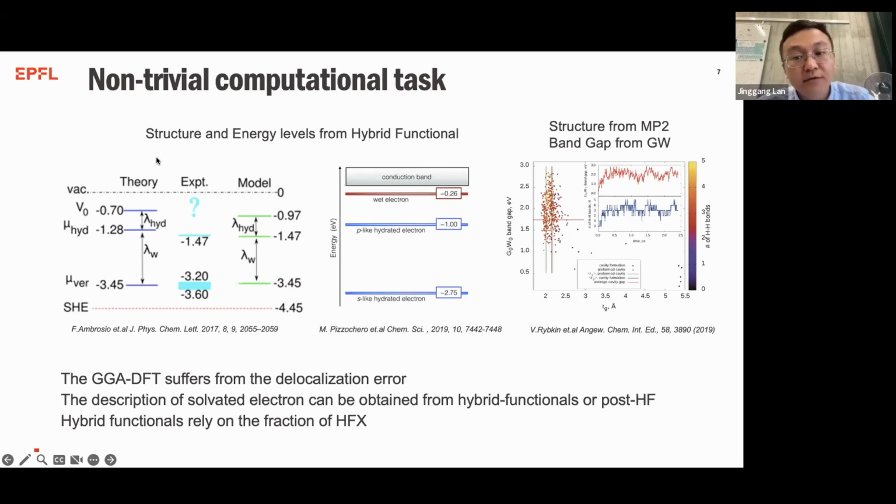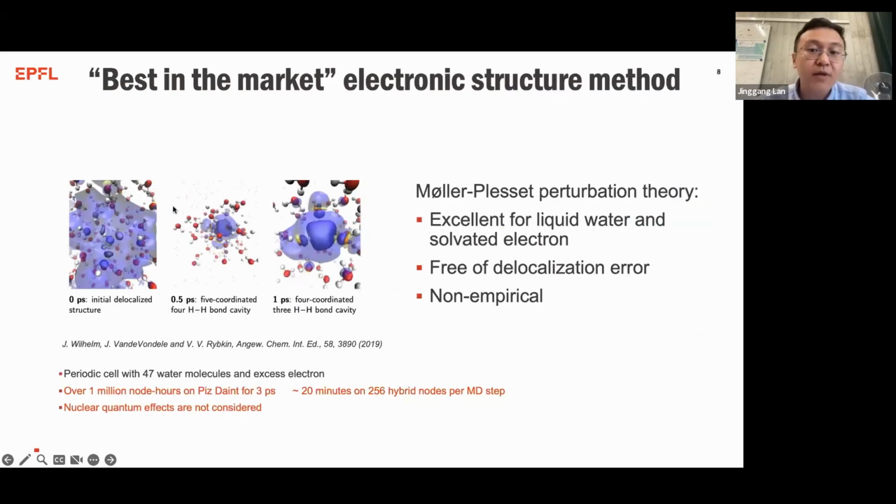So one needs to go beyond the standard DFT formalism to accurately model the solvated electron, such as using a hybrid functional or a post-Hartree-Fock method like MP2 or the GW method. The hybrid functional is based on a different fraction of Hartree-Fock exchange, and that makes the functional not fully ab initio, which means it's still a little bit empirical.